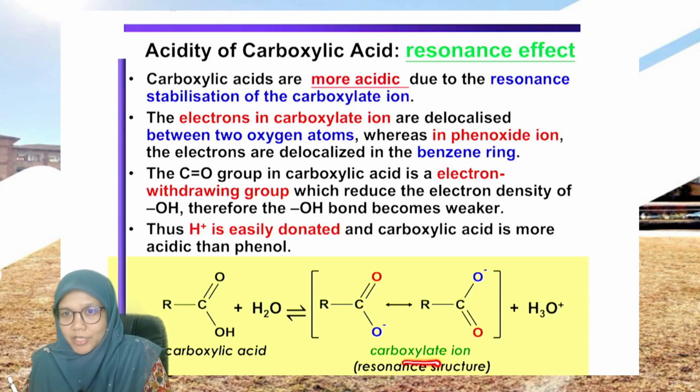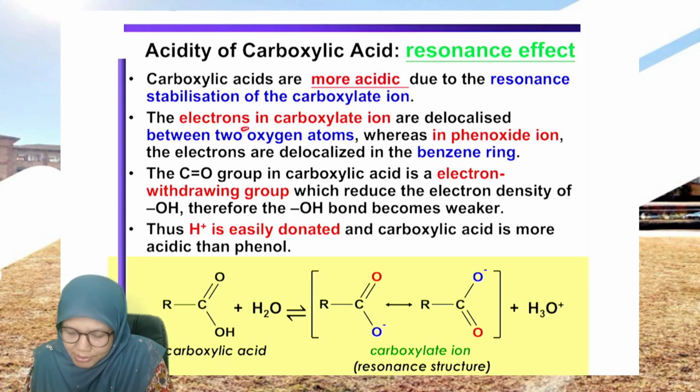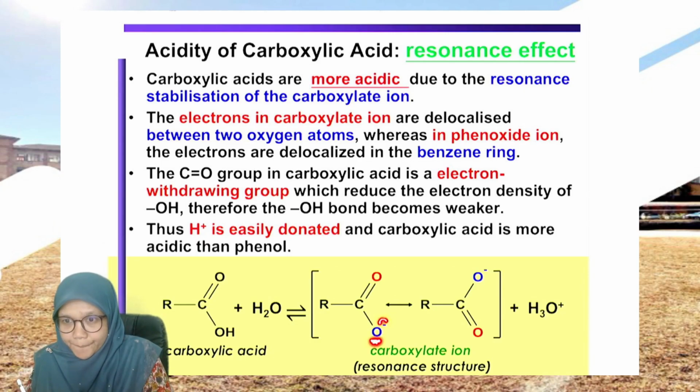Okay, stable. Macam mana boleh jadi stable? Because the electrons in carboxylate ion are delocalized between two oxygen atoms. Macam mana tu? Ini carboxylate ion. Negative charge ini dekat oxygen atom yang biru. Kalau kita lihat gambar yang kedua ni, negative charge ni boleh bergerak dekat oksigen yang atas.